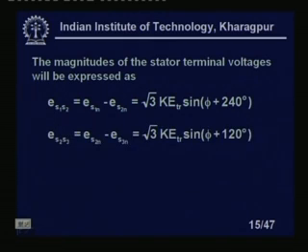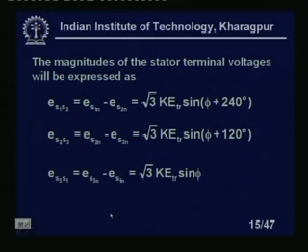ES2S3, between stator windings 2 and 3, equal to root 3 K ETR sin of phi plus 120 degree into sin omega t. And ES3S1 equal to ES3N minus ES1N equal to root 3 K ETR into sin phi.